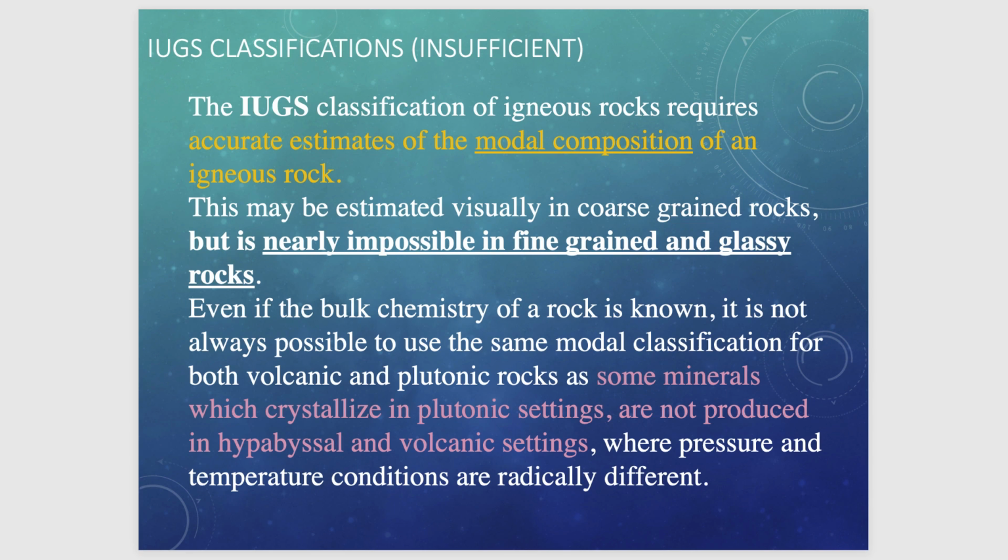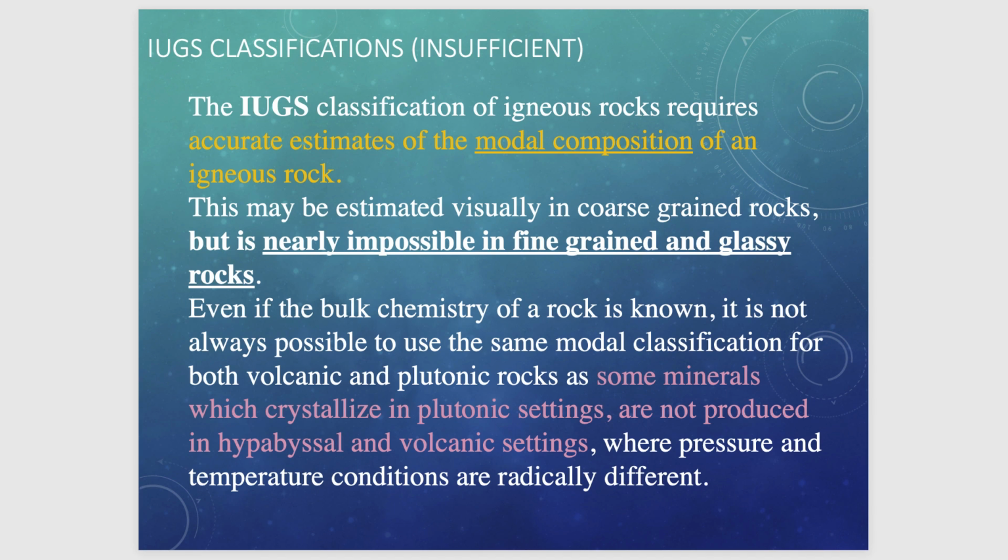What geologists found, though, is that most of the rocks can be classified using the Streckeisen classification, but many times igneous rocks will require accurate estimates of the modal composition, and this can be difficult in some cases. It's difficult for volcanic rocks to establish the modal mineralogy, and this is quite obvious because these rocks are fine-grained in their matrix.